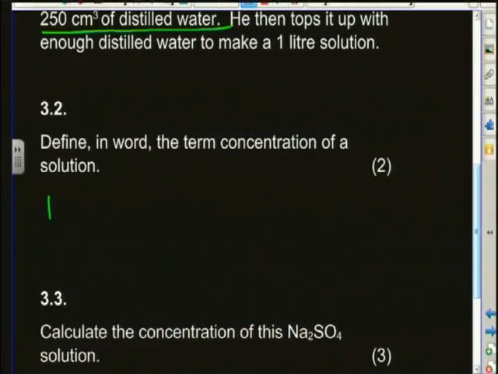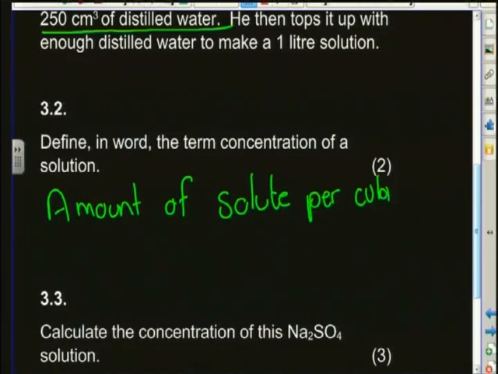The term concentration means, okay, so we're looking at concentration. It is the amount of solute. Please don't say solid. Solute doesn't have to be a solid, okay? It's the thing that's being dissolved. It can be a gas and it can be a liquid, okay? But it's the amount of solute dissolved per cubic decimeter.